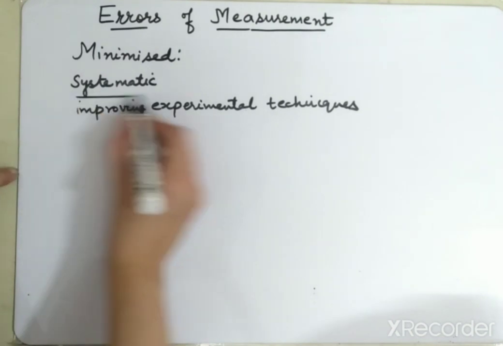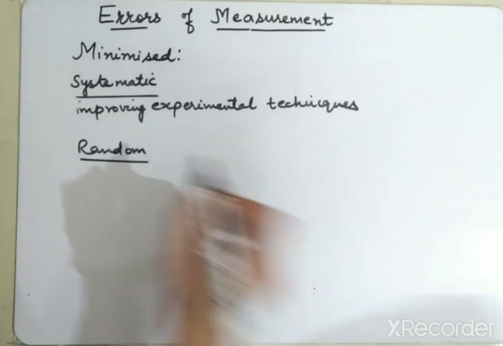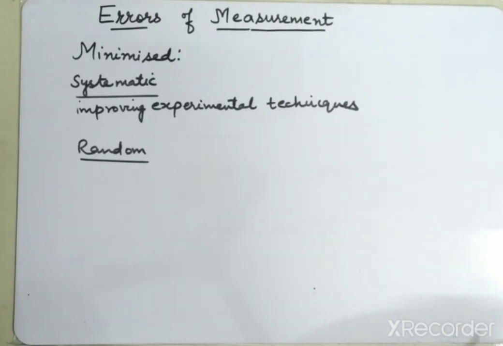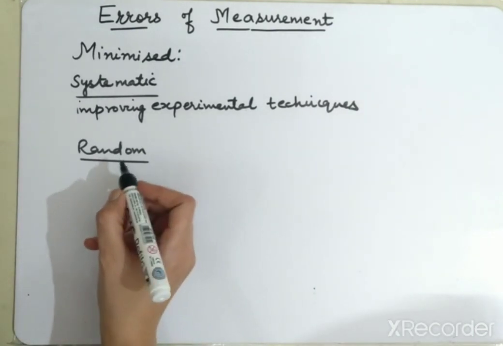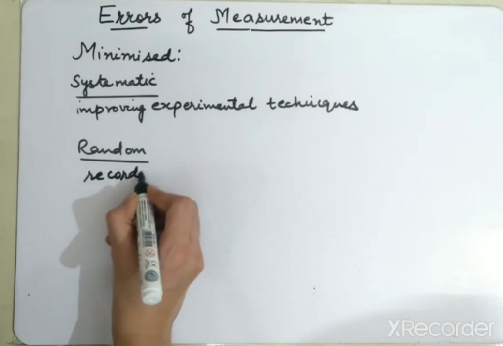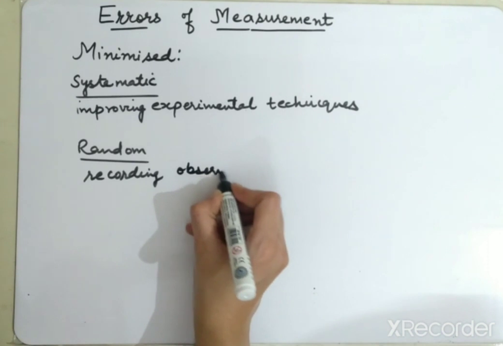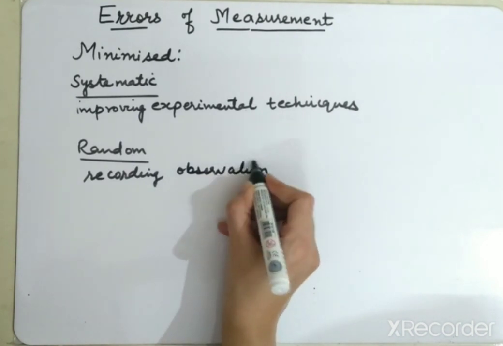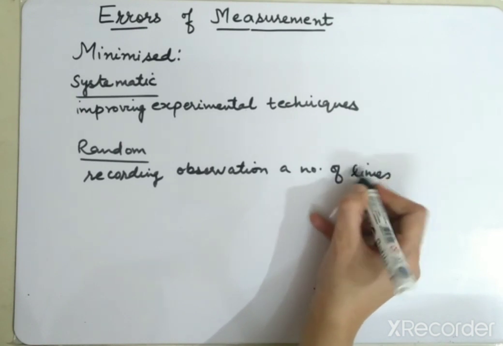Random errors can be minimized when a large number of observations are made and the mean value is taken. So, recording the observation a number of times.